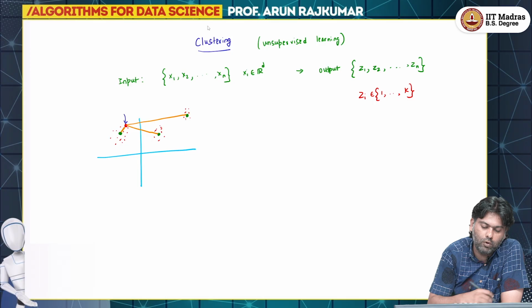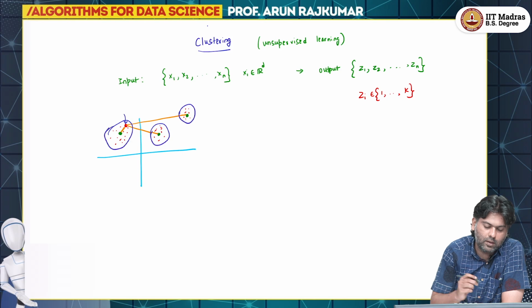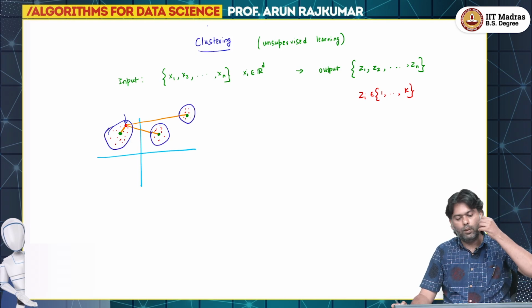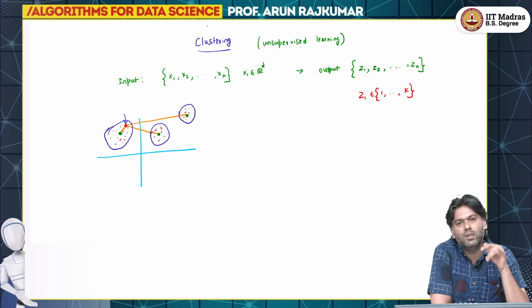If I do this for every data point in my data set, I'm going to get this as my cluster, this as a cluster, this as another cluster. Of course, it's a trivial task of clustering the data set once the representatives are known.